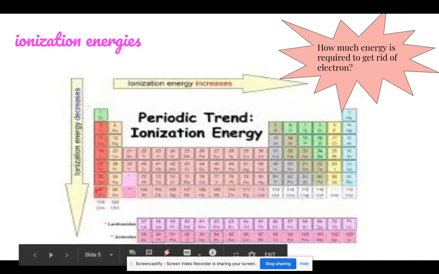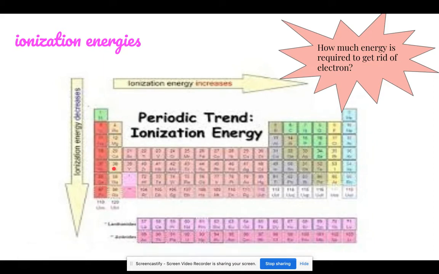Over here, they have quite a lot of electrons, so if 1 or 2 go, it's not as big of a deal. But compared to these guys, especially our noble gases, they already have their 8 valence electrons, and they don't want to get rid of them, so it's going to take more and more energy to get rid of them when we come over here.